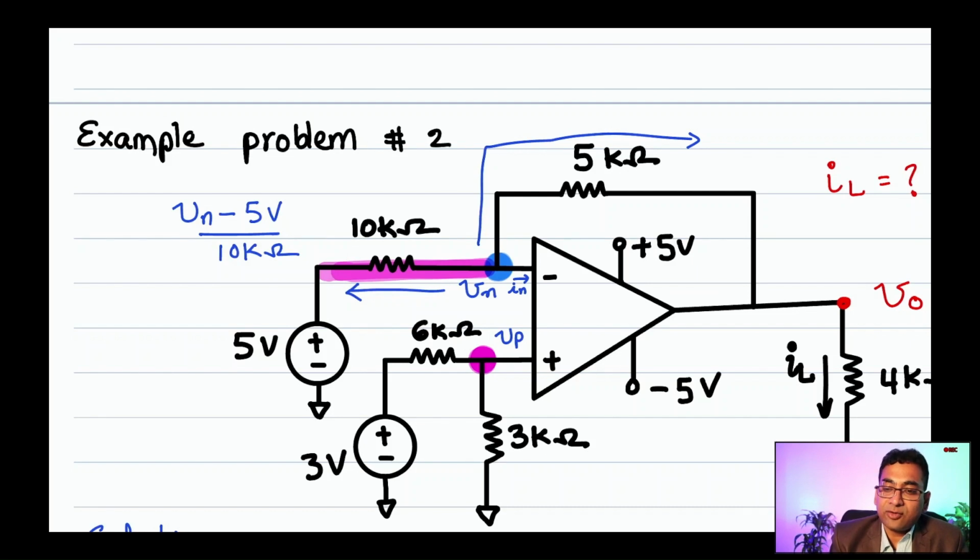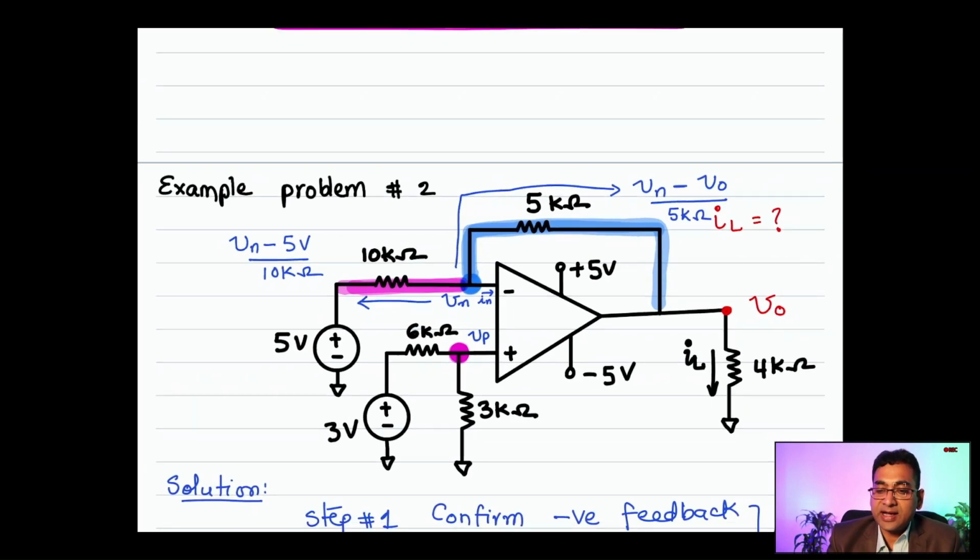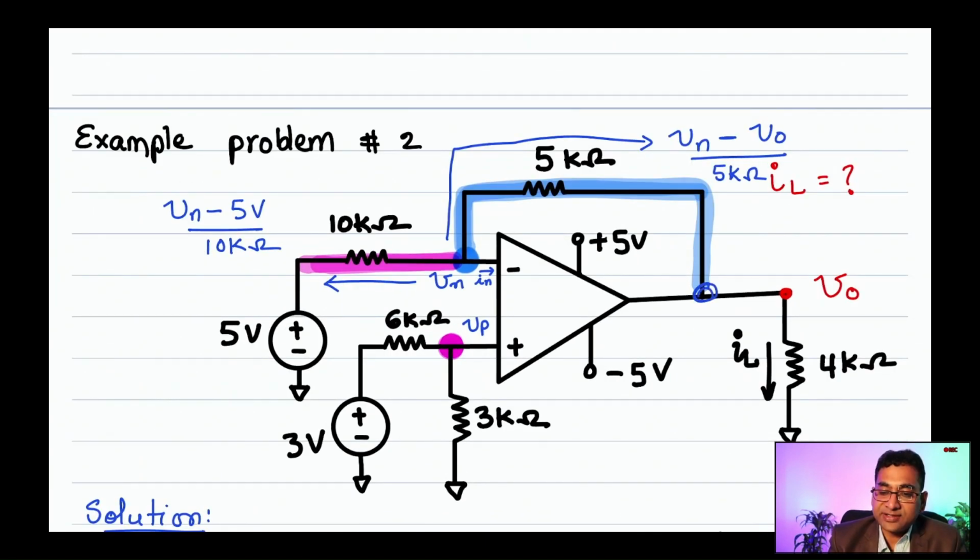Now the current flowing in the other branch, this branch, would be (Vn minus Vo) over 5 kilo ohms, because the voltage on this node is Vo, the output voltage.